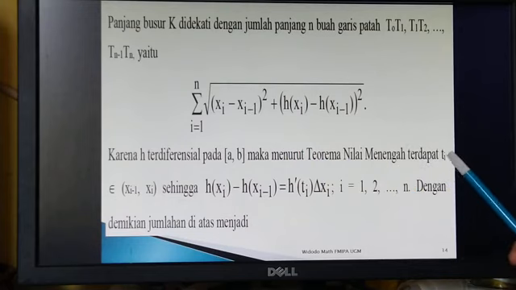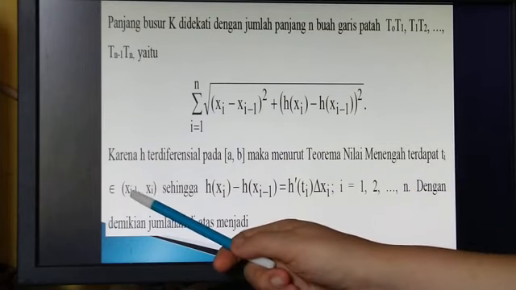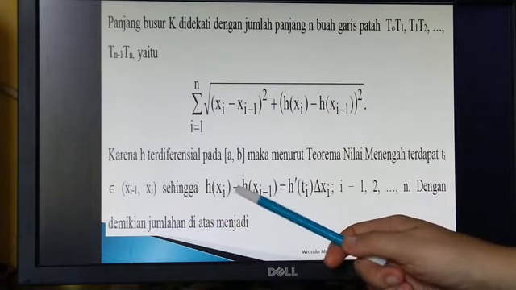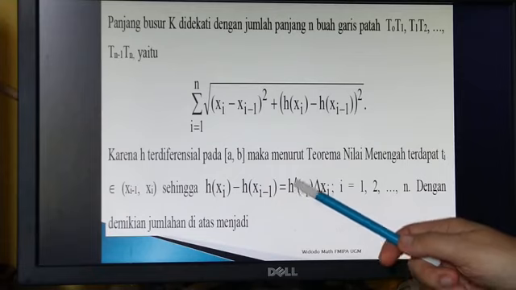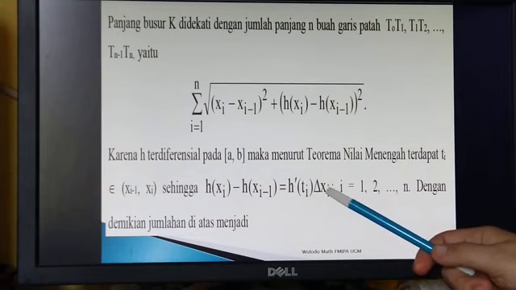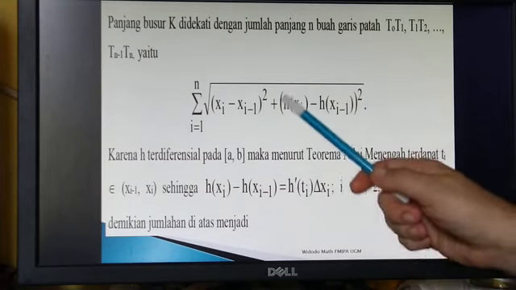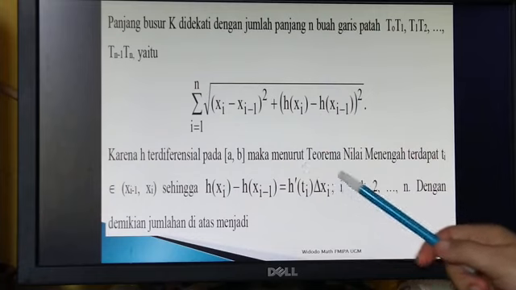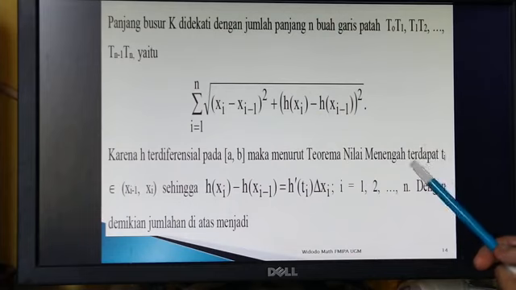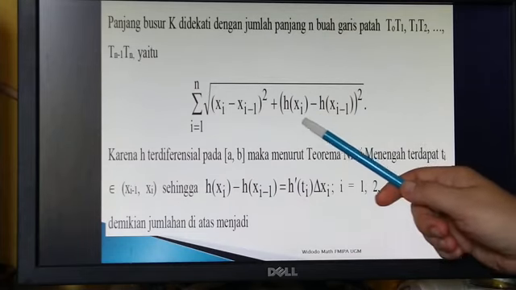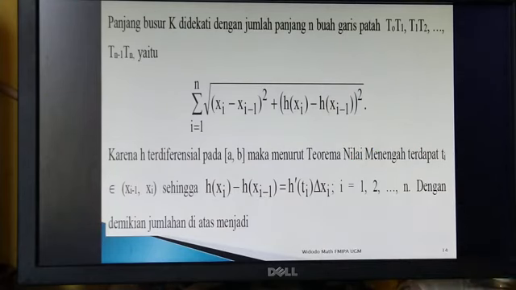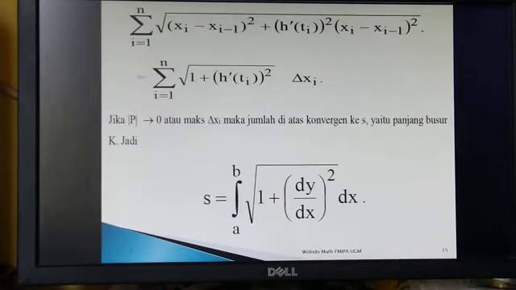That says there exists ti in the interval such that h(xi) minus h(x(i-1)) is equal to the derivative h prime of ti times delta xi. And then we replace this expression by using the right side of this equation from the mean value theorem in calculus 1. So the sum will become the following.